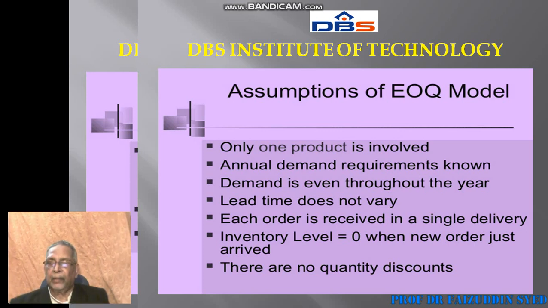Then the inventory level will be 0 when a new order comes to us. There won't be any material in the stores. There are no quantity discounts. For this material, we don't get any quantity discounts, even if we order large orders.